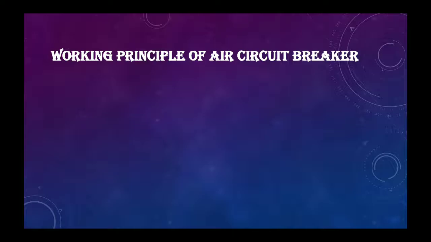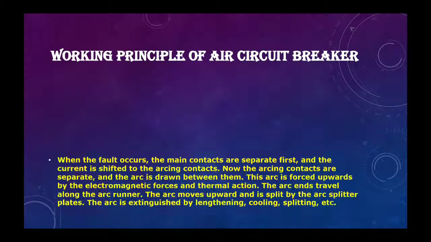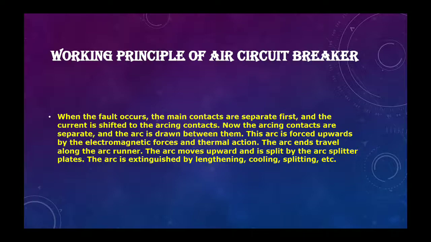So now the working principle of the air circuit breaker. When the fault occurs, the main contacts are separated first and the current is shifted to the arcing contacts. Now the arcing contacts separate and the arc is drawn between them. This arc is forced upwards by the electromagnetic force and the thermal action.